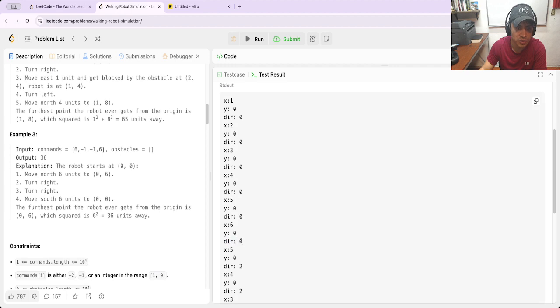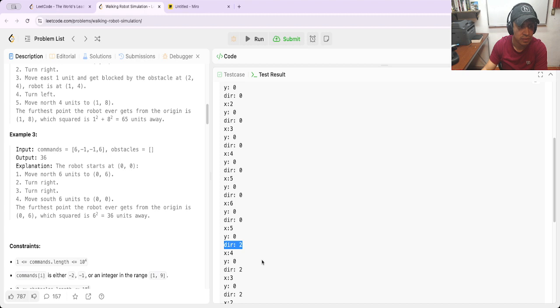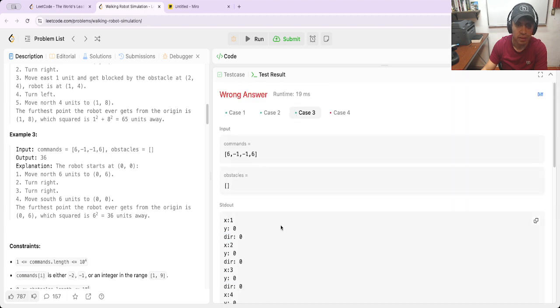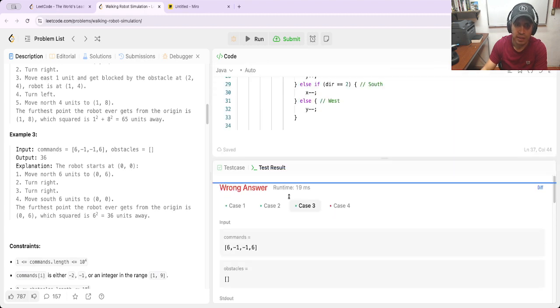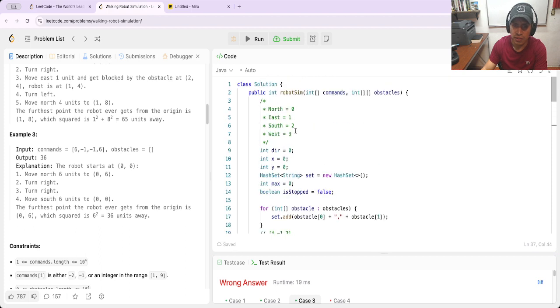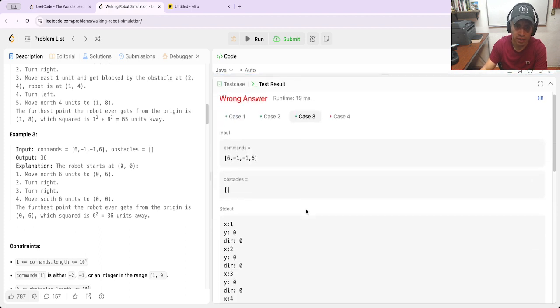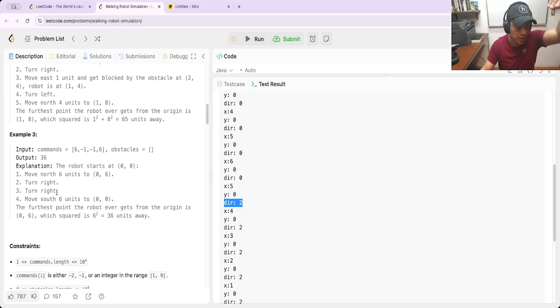Now is to the right, yeah, it's 2, which means south. Yeah, it's okay, it's looking to the south, and moves south 6 units.